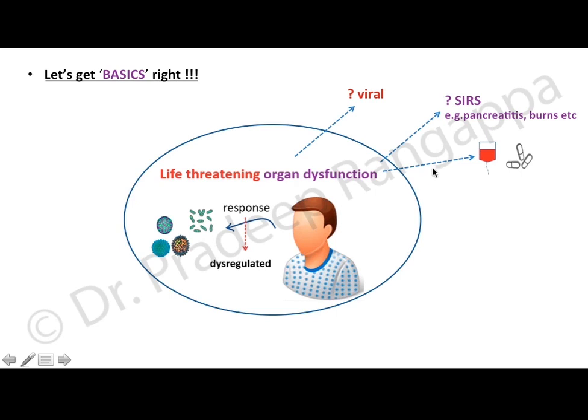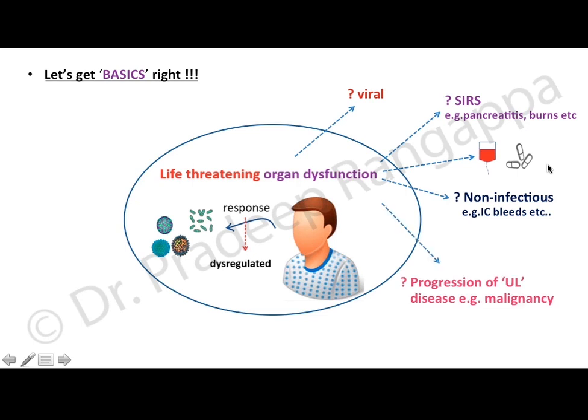Or it can happen due to drugs or transfusions that we would give, or in other non-infectious causes like IC bleeds or any other cerebrovascular event, or even due to progression of underlying disease like malignancy. These are all some of the other clinical conditions which can lead to life-threatening organ dysfunction. Typically subarachnoid hemorrhage can lead to organ dysfunction, and that is due to inappropriate host response, because every host responds differently to these insults.